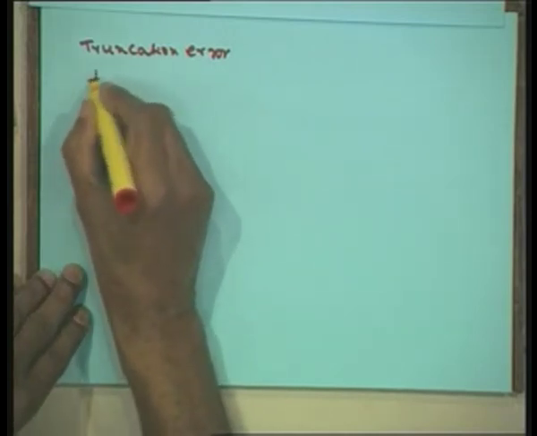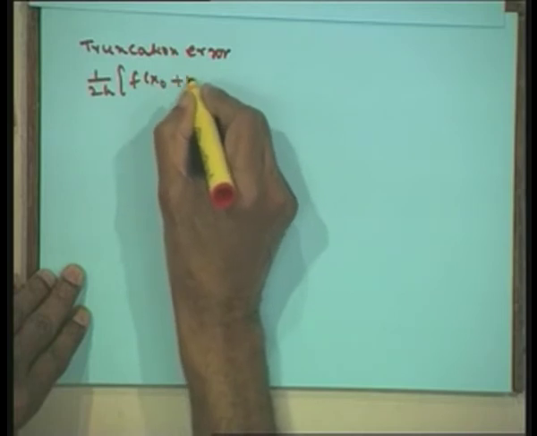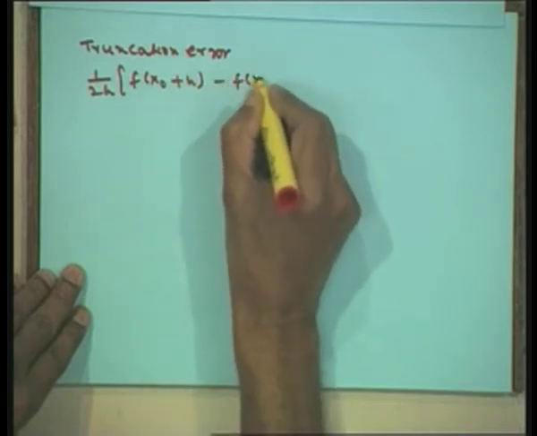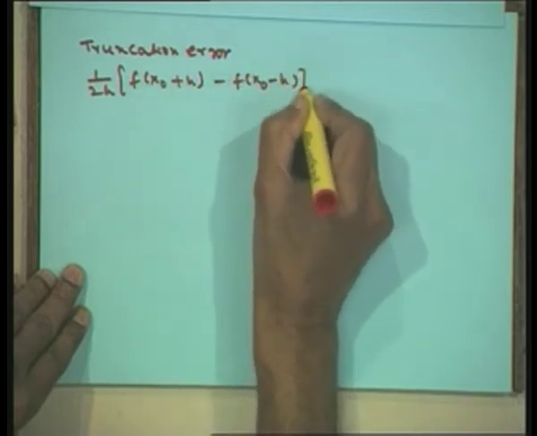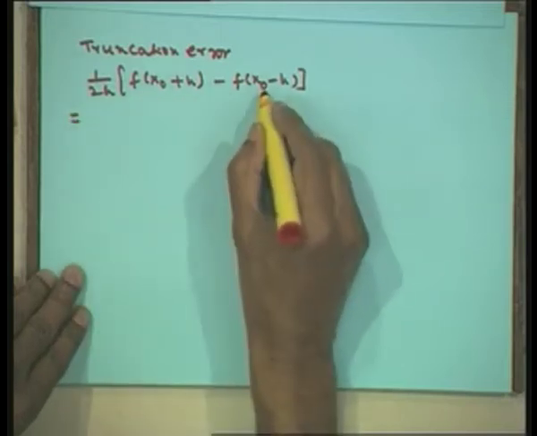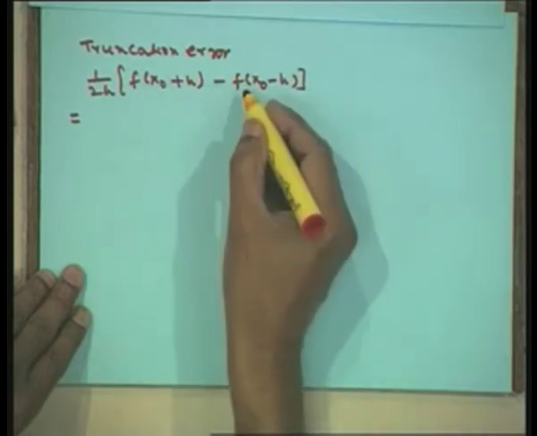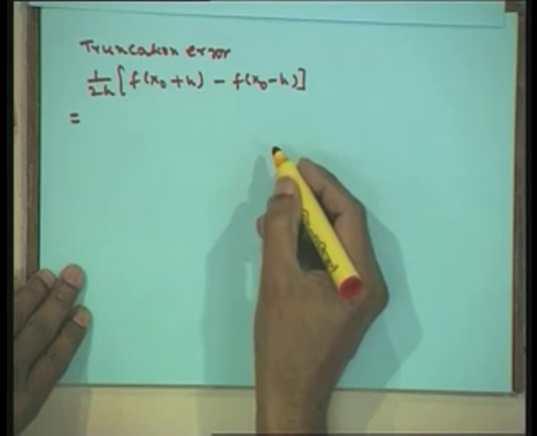Now, we write 1 upon 2h [f(x0 + h) - f(x0 - h)]. We expand f(x0 + h) and f(x0 - h) in Taylor series, simplify and then collect the terms.